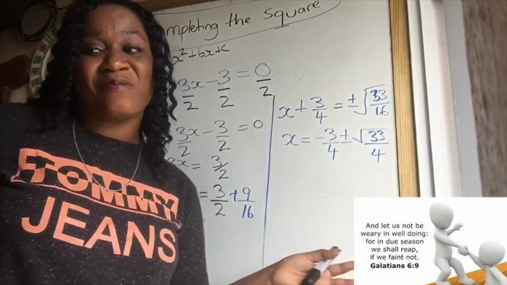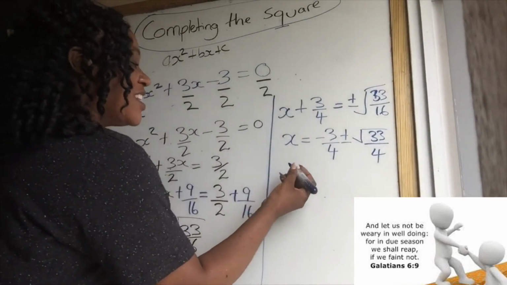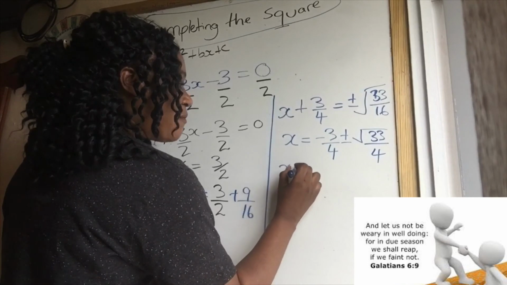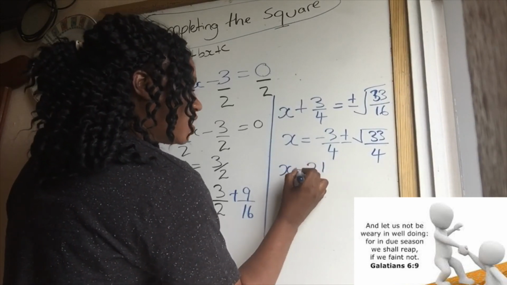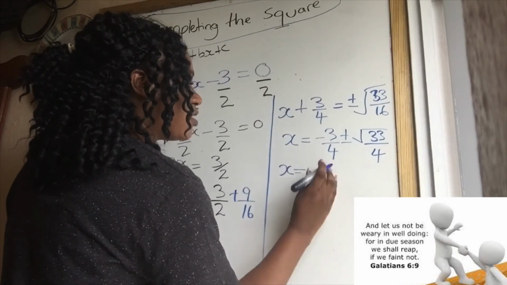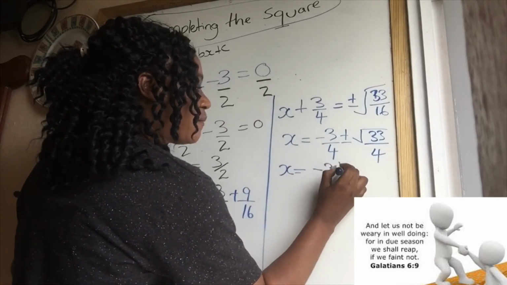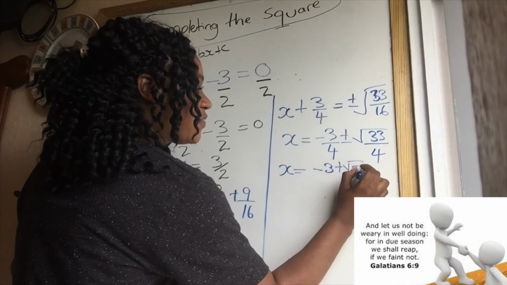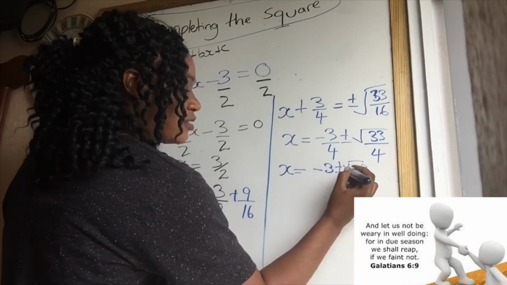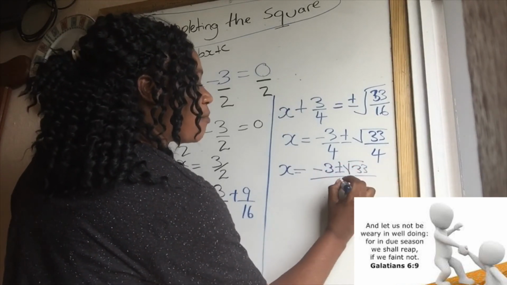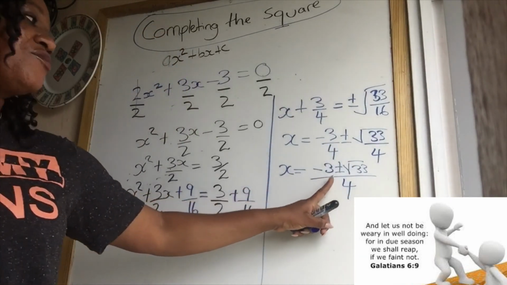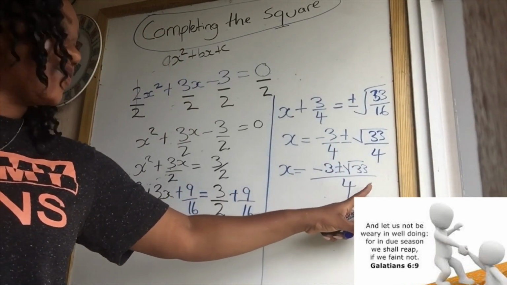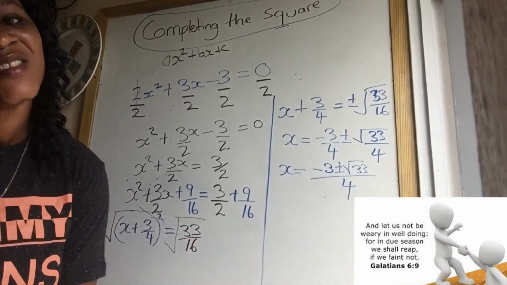When we clean it up, x is equal to minus 3 plus or minus the square root of 33, all divided by 4, because we have the same denominator. So this is minus 3 plus or minus the square root of 33 divided by 4.